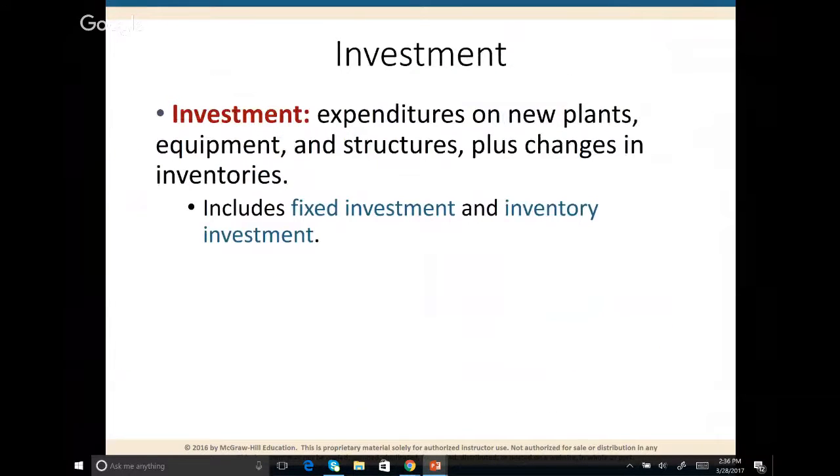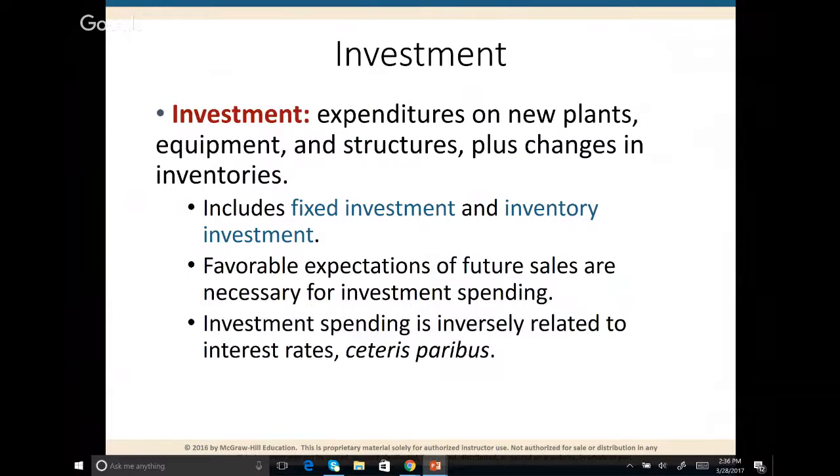Next is investment. Investment is expenditure on new plants, equipment, and structures the company has. Also, this is any change in your inventory. Now remember, investment is everything you do that can increase your future sales or future production. That's investment. And investment will include both fixed investment and inventory investment.